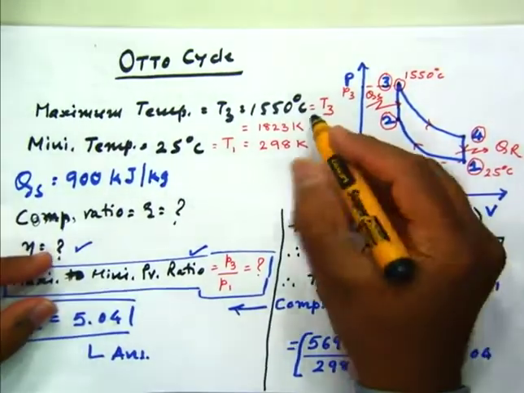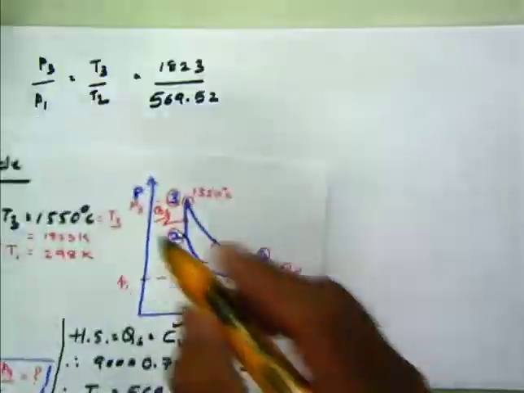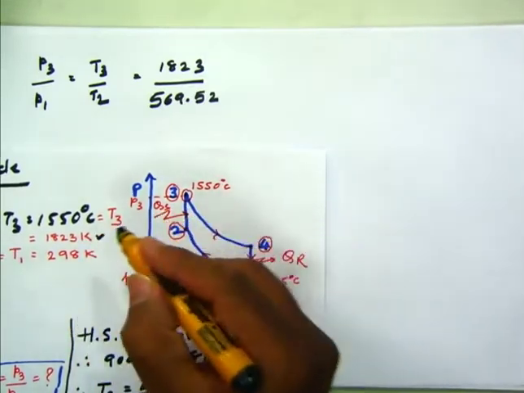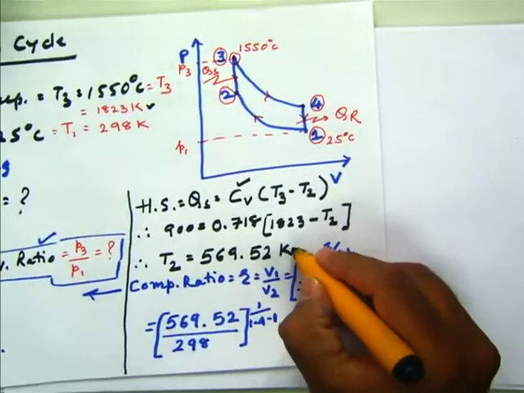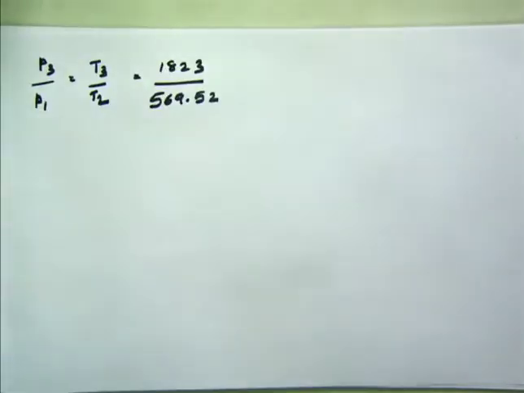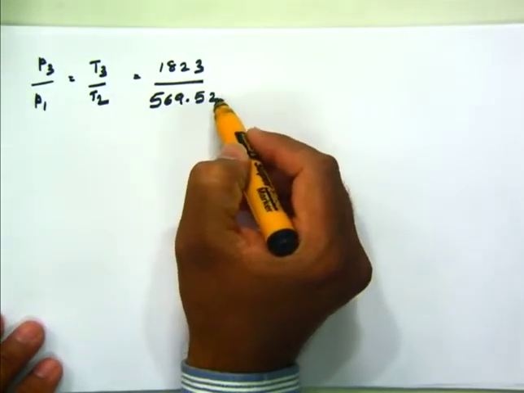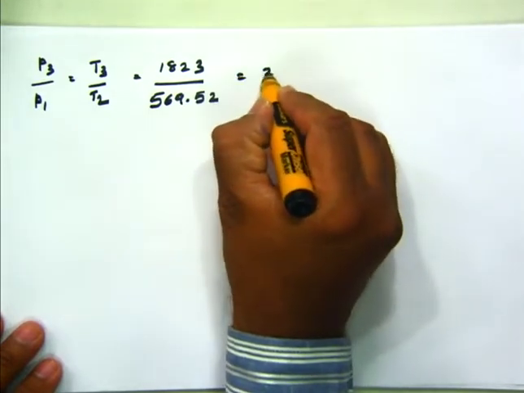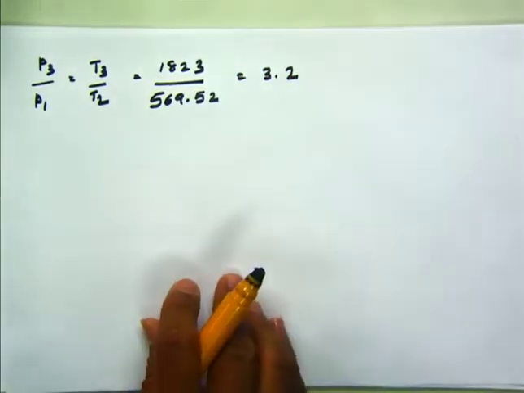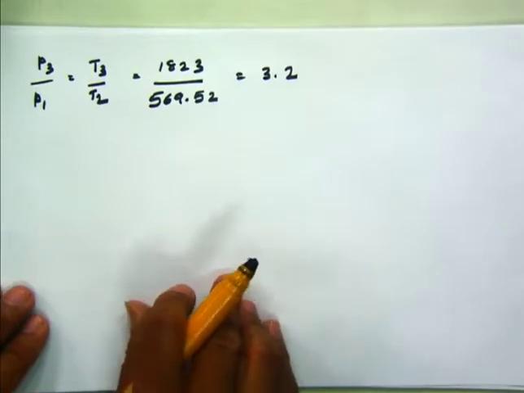The T3 is 1823 and T2 is 569.52. So 1823 upon 569.52 is equal to 3.2.